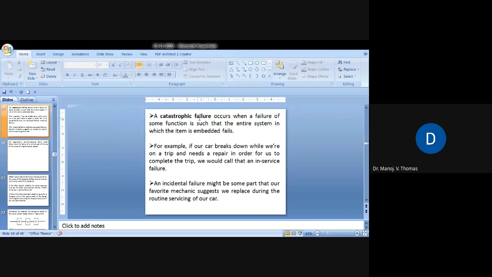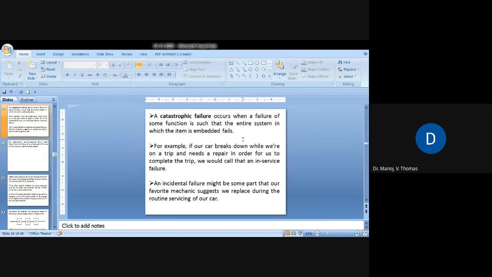Then a catastrophic failure occurs when a failure of some function is such that the entire system in which the item is embedded fails. So when some very important breakdown happens, the vehicle cannot move further. That is catastrophic failure. For example, if a car breaks down while we are on a trip and needs a repair in order for us to complete the trip, we would call that an in-service failure.